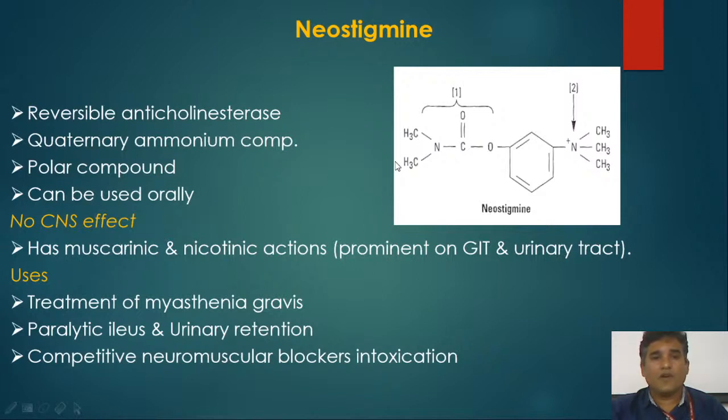Because it is a polar compound, it does not cross the blood-brain barrier, so no effect on the CNS, having peripheral effects, nicotinic as well as muscarinic effects, prominent on smooth muscles, and also used in myasthenia gravis. It is the first choice, and also used in paralytic ileus and urinary retention, and in competitive neuromuscular blocker intoxications.